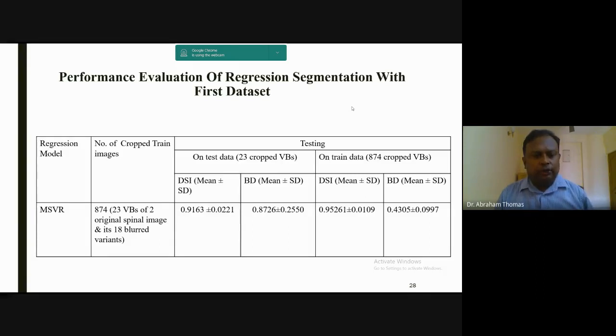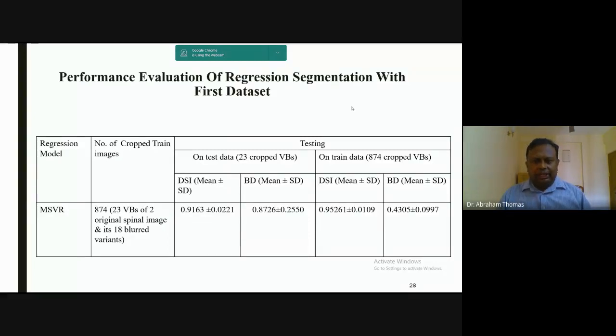We added white Gaussian noise with standard deviation equal to 0.05, 0.1, 0.15, etc. up to 0.9 in increments of 0.05. So there were 874 vertebrae images for training. And for testing, we had the 23 cropped vertebrae of the remaining sagittal image.